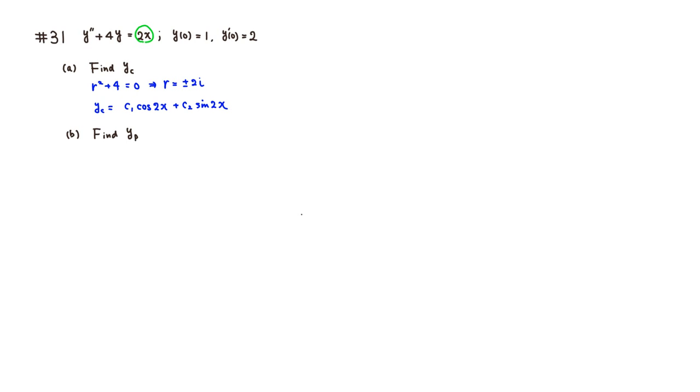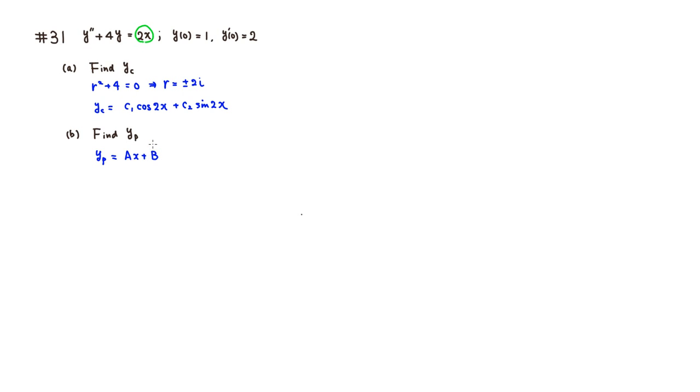The form of the solution is going to contain x, and also a derivative is a constant term. So you would have either a constant term or an x term. So it's going to be a linear function. So y sub p is equal to, I would say, ax plus b.